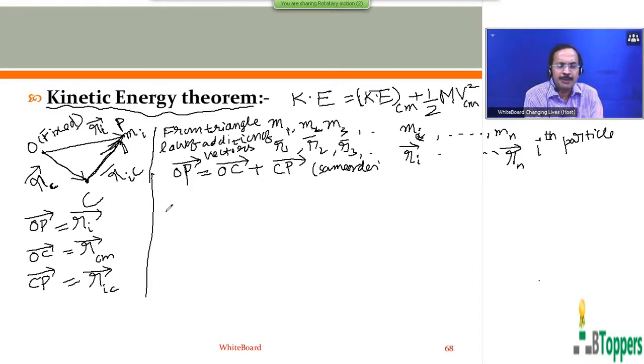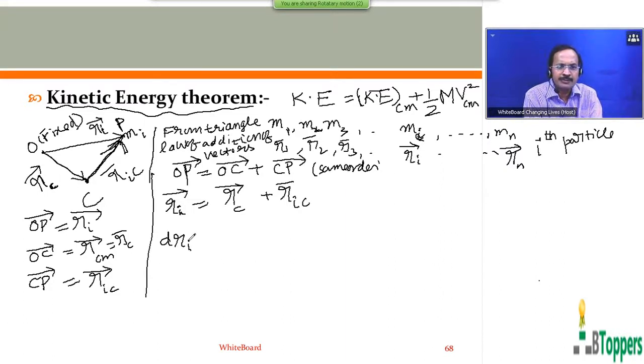So OP bar represents the position vector of the ith particle with respect to origin O. OC bar represents the position vector of center of mass with respect to the origin O, which I can denote R bar subscript C. CP bar represents the position vector of the ith particle with respect to center of mass.